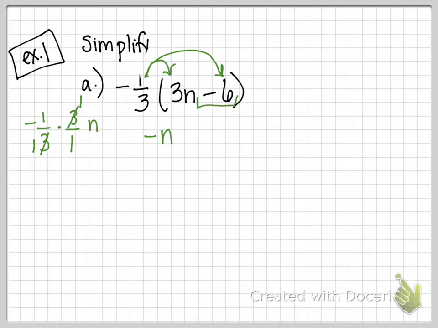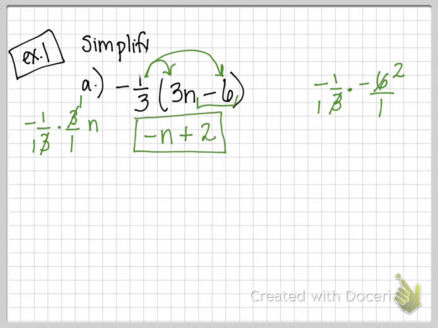Yes, don't forget it's a -6. -1/3 times negative 6 over 1. Cross simplify. And we get 2. Is it going to be positive 2 or negative 2? Positive 2, because it was a negative times a negative. So that's kind of nice. When we multiplied in the fraction, it ended up getting rid of the fractions.